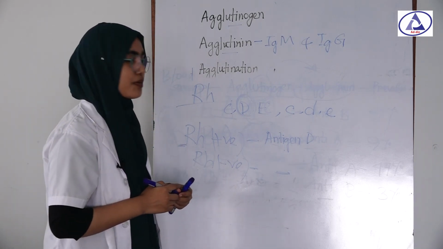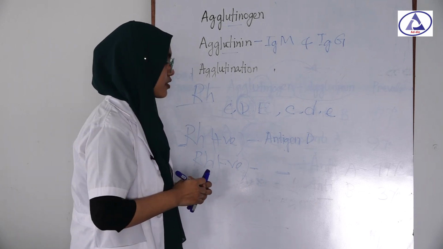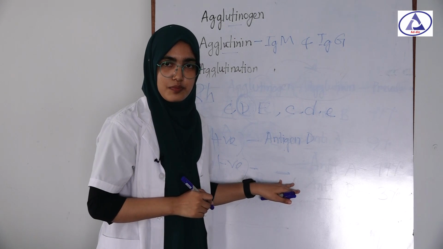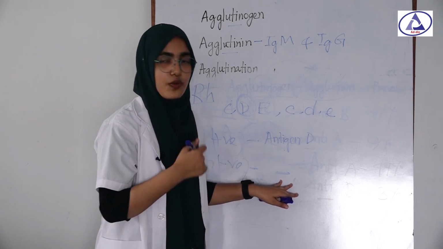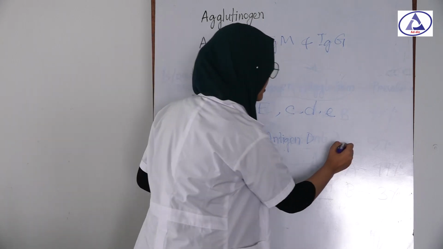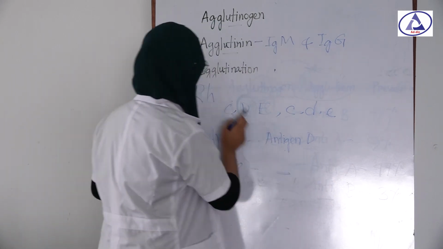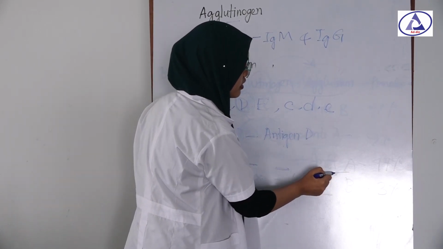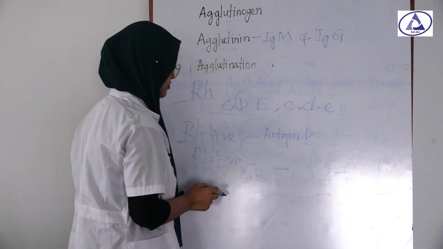What was the second part of Landsteiner's law? If an agglutinogen is absent from the RBC membrane, the corresponding agglutinin must be present. But here, in case of the RH system, there is no corresponding agglutinin in the plasma.